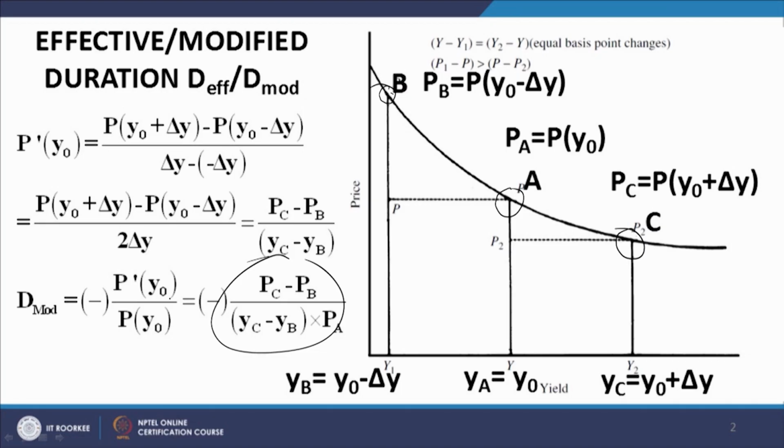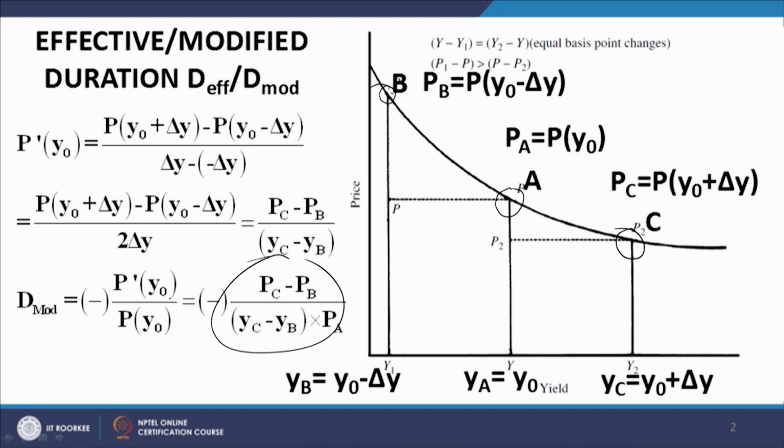What will happen in that case is, if the interest rates decline and the decline results in a price which is higher than the exercise price, then the issuer will exercise the option, and as a result the cash flow will be truncated. The cash flow that is projected purely on the basis of a decline in YTM will not materialize, because the issuer will call back the bond at a lower price.